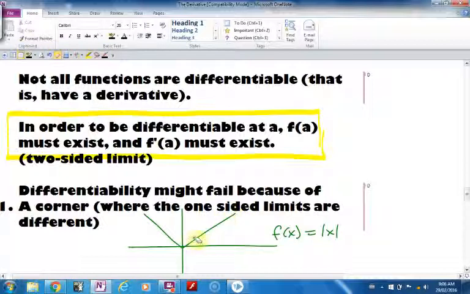And notice the slope on this side is different from the slope on this side, and it doesn't change gradually like in a parabola. It changes immediately at that corner. So this function is not differentiable at x equals 0. It has a corner there. It's continuous though, isn't it? This is a continuous function everywhere.